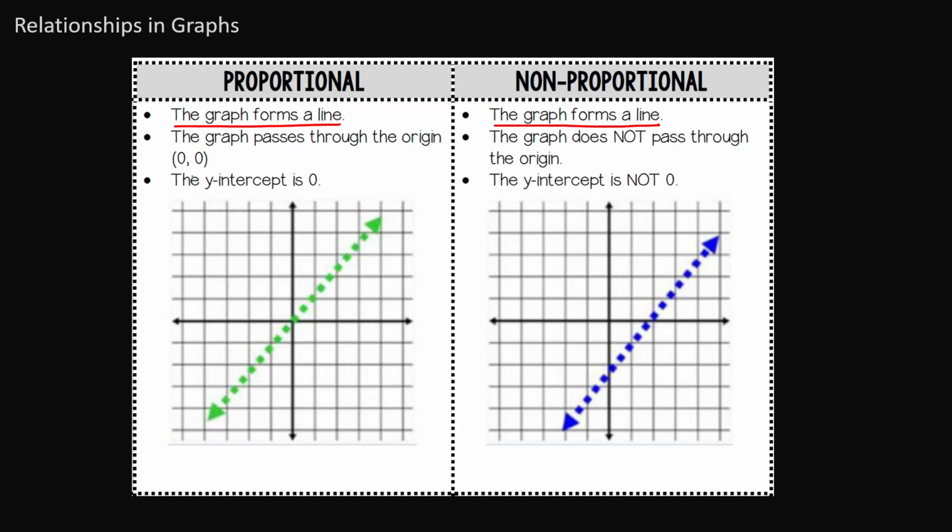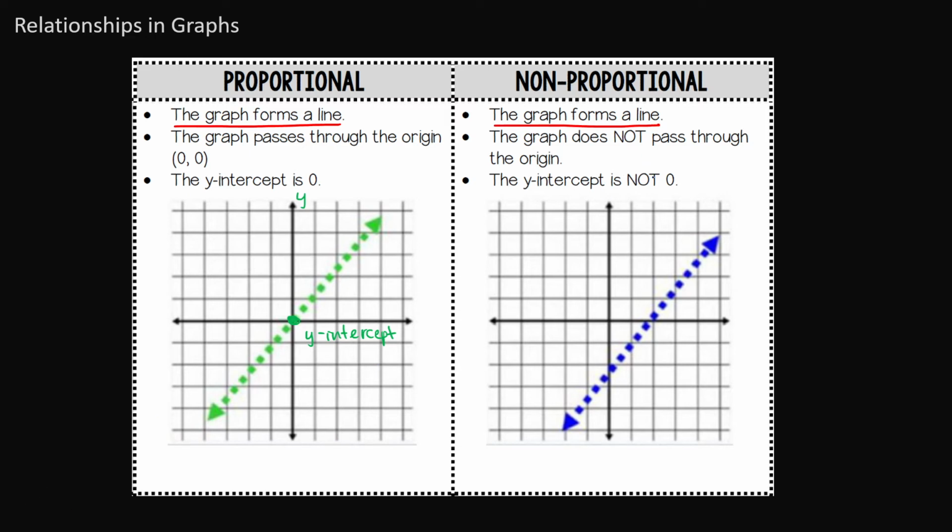It will always pass through the coordinate 0, 0. And because of that, the y-intercept, where the line crosses the y-axis here, will always be 0. So here's the y-intercept. It is passing through the origin. This graph is proportional.